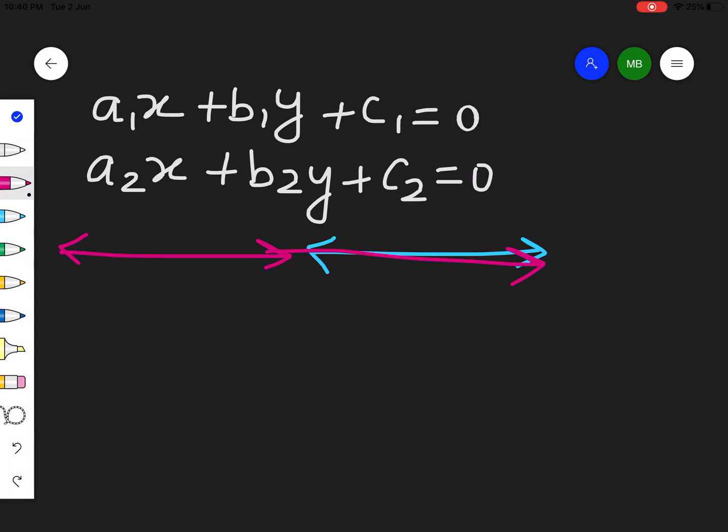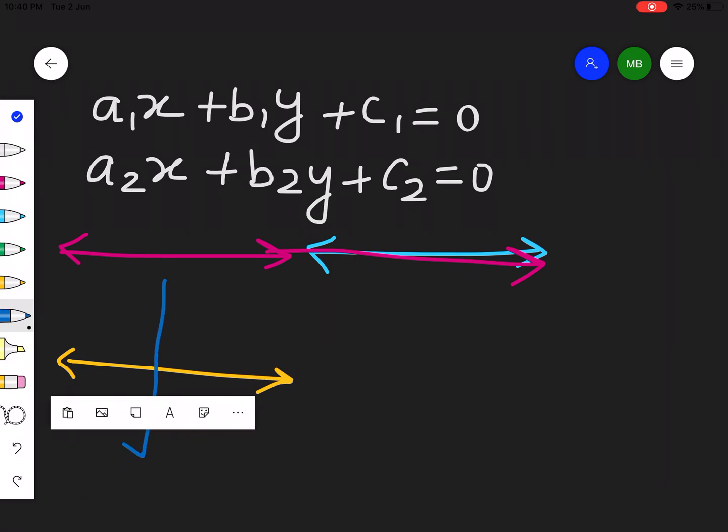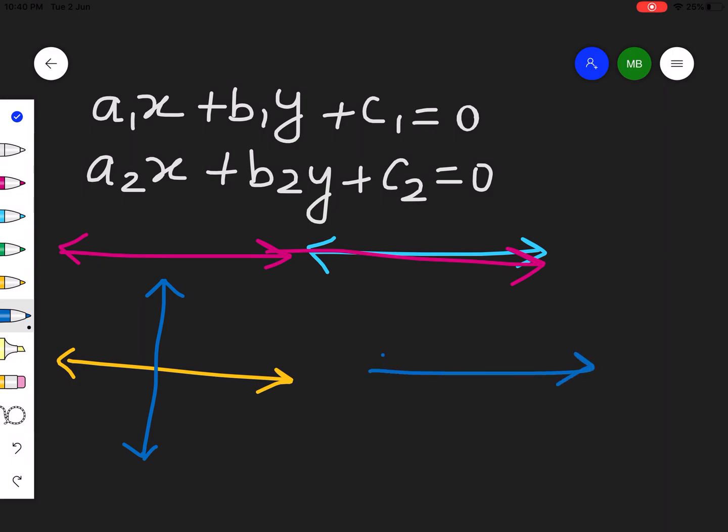Another possibility is that the two lines are not coincident but are perpendicular, intersecting each other at 90 degrees, or just intersecting at any other angle. So the other possibility is that these lines are intersecting lines.